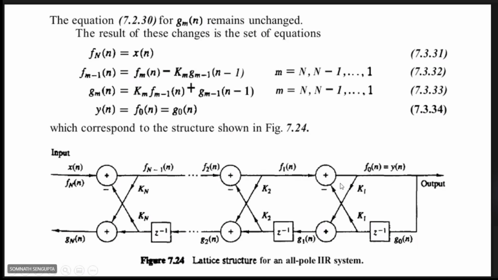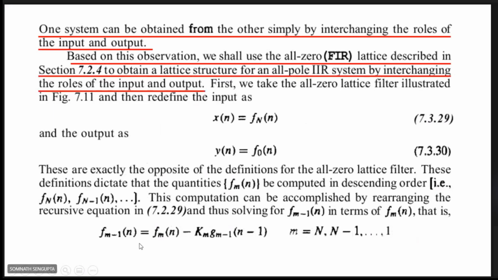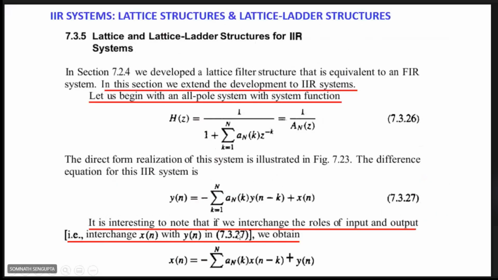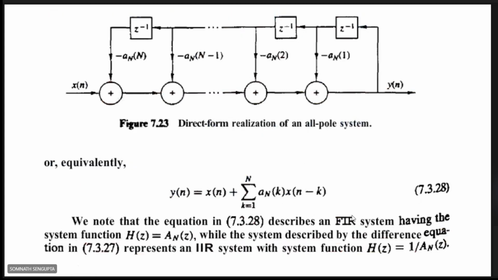Okay, but this one, f_1(n), is subtracted. f_1(n) is obtained according to this equation, f_m minus k_m g_{m-1}(n minus 1). Okay, so this way it is calculated. So this is the structure.